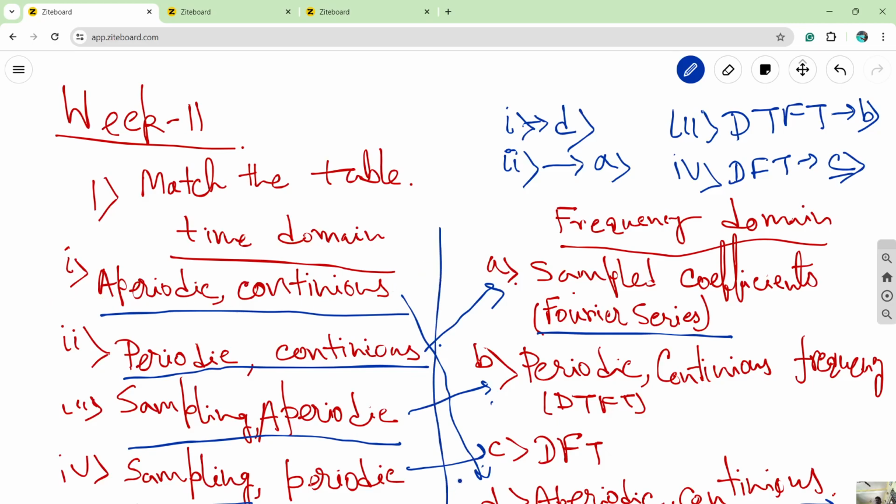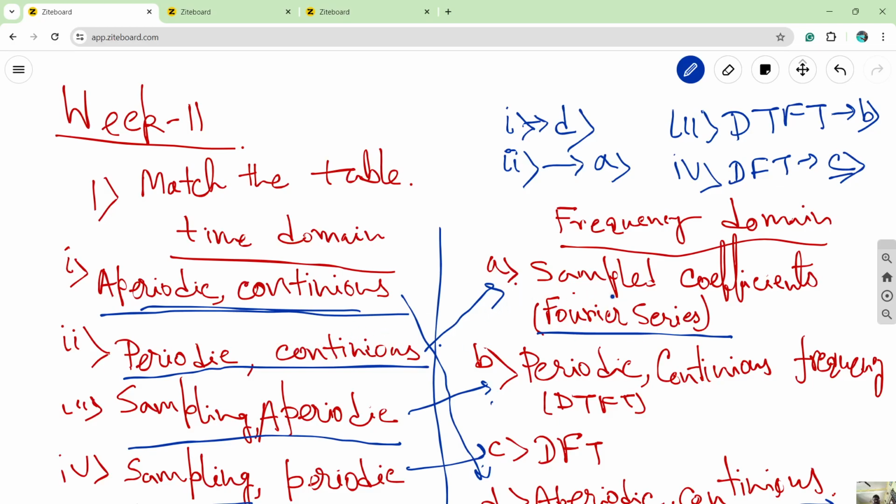So basically, if there is something that is aperiodic and continuous, it is also aperiodic and continuous in the frequency domain. Once we think about it, it is periodic. So periodicity in one domain just gives rise to the fact that it is sampled in the other domain. But it is continuous, so it is the same thing.